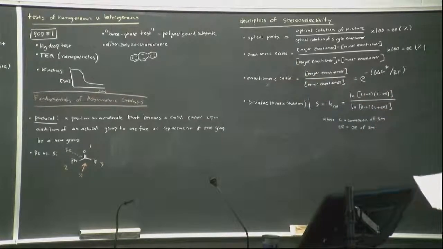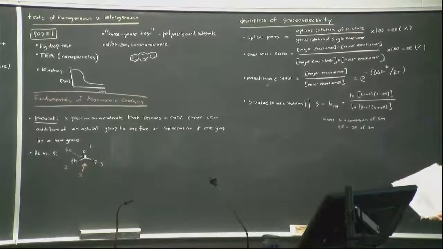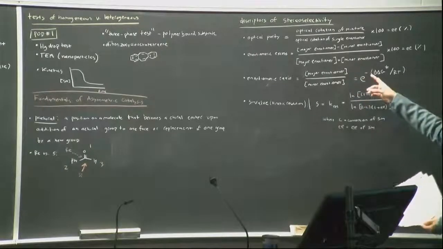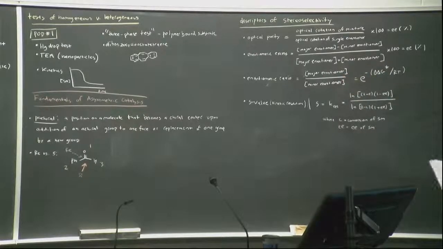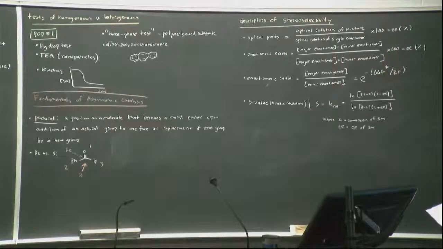And the way that experiment is done is that you get the pure product, and the product is a mixture of the two enantiomers in question. You measure the optical rotation, and then you compare to the optical rotation of a standard. The standard is a single enantiomer. And then the ratio of those optical rotation measurements is the so-called enantiomeric excess.